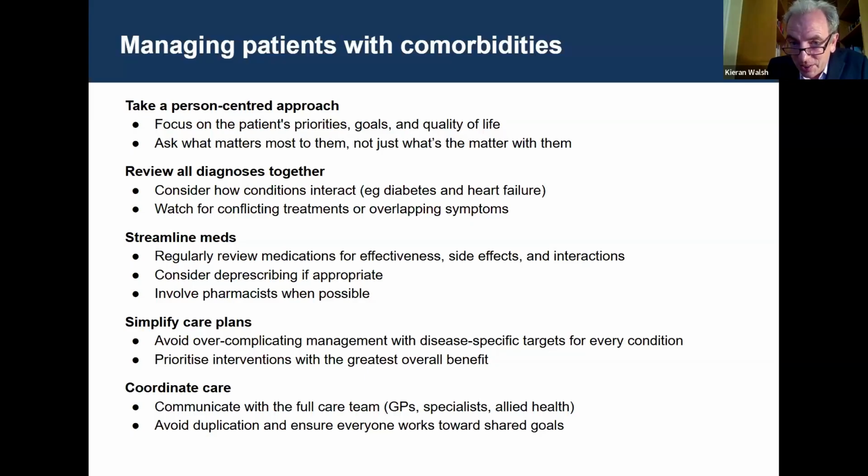Patients with multiple conditions often see multiple healthcare professionals, and we need to coordinate care between those different healthcare professionals, doctors, nurses, pharmacists, etc., to deliver improved care for patients.